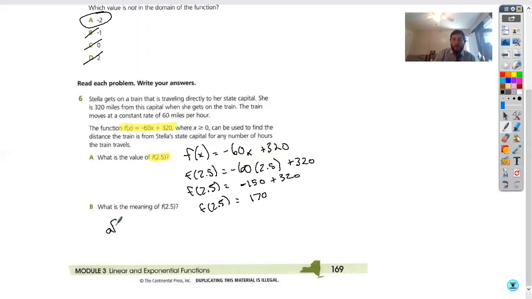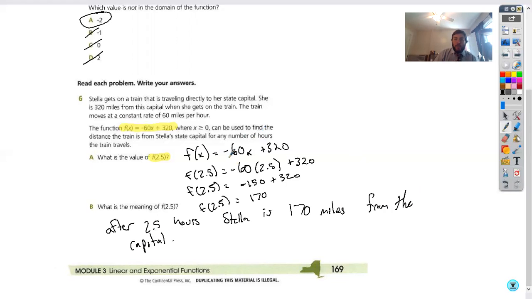It means that after 2.5 hours, Stella is 170 miles from the capital. So our x values represent the number of hours on the train, then the y value that we find, the range, will show us how far away we are from the capital.